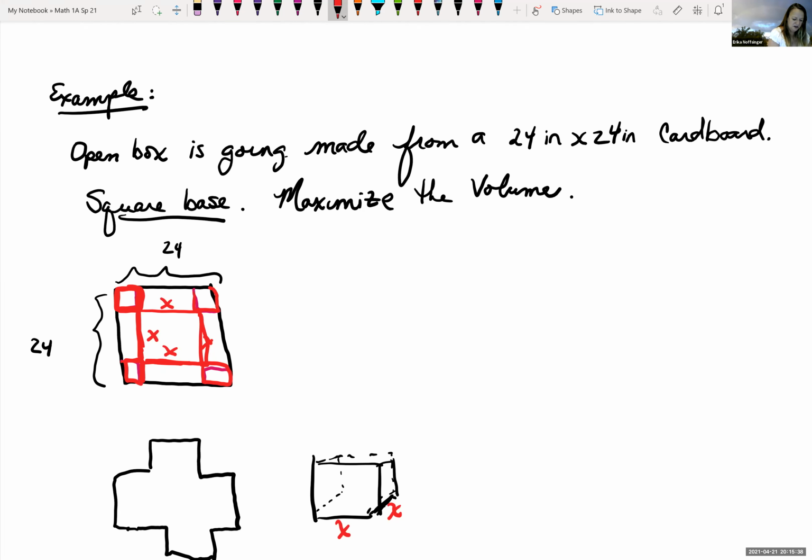And we know that those are square pieces. Actually, instead of the length there, let's maybe call this X.